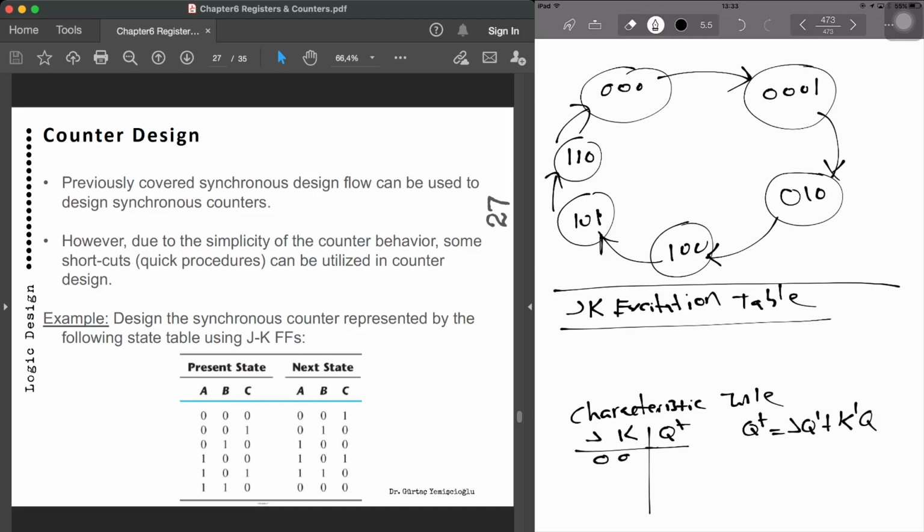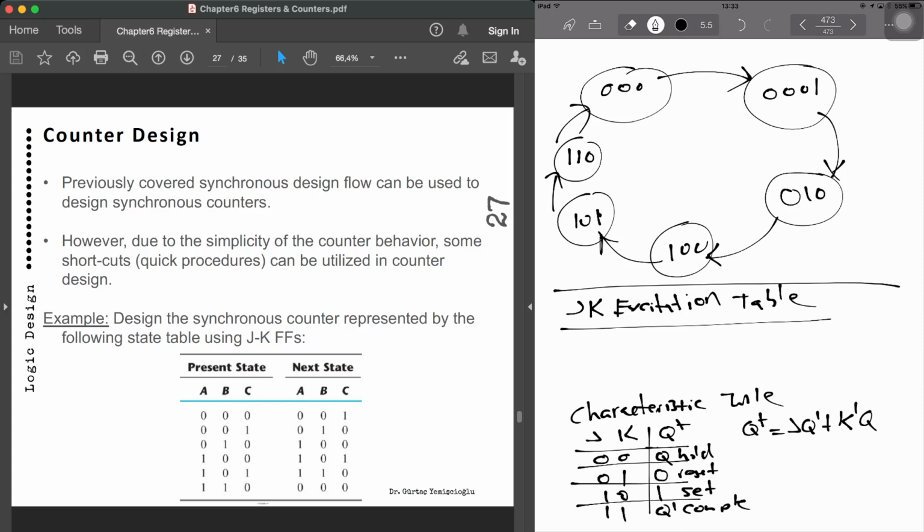So 0, 0, 0, 1, 1, 0, and 1, 1. Based on this equation, when both inputs are 0, it's hold. When it is 0, 1, it's reset. When it is 1, 0, it's set. And when it is 1, 1, it's complement. This was the characteristic table.